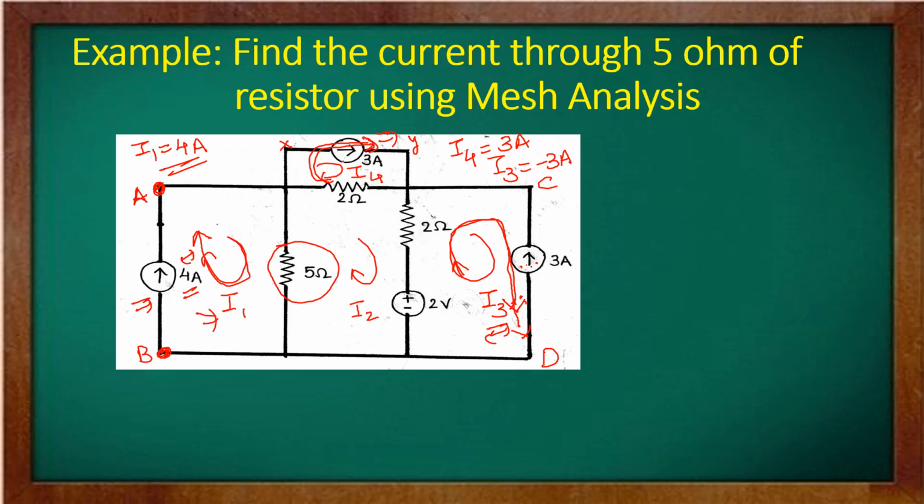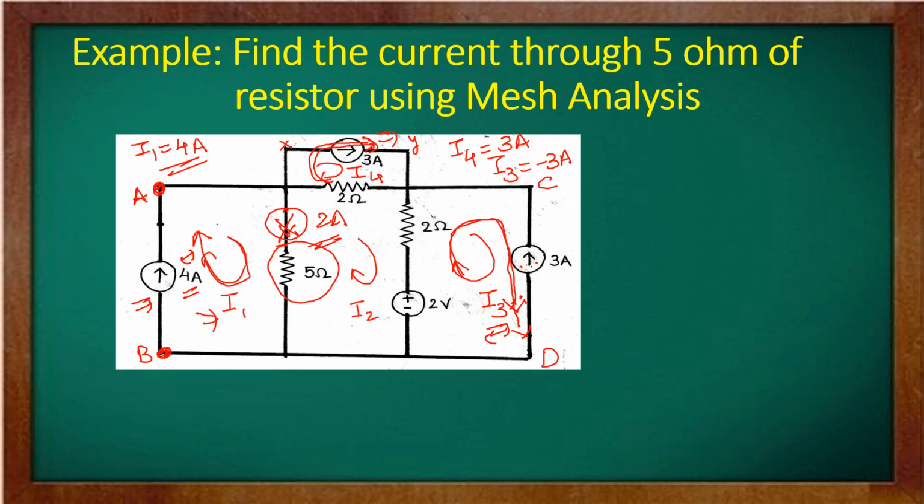Similarly, the other 3 ampere is part of the I4 loop. So directly we get the value of current. But if we had a current source, for example 2 ampere, shared between loops, then we cannot directly say that I1 is 2 ampere or I2 is 2 ampere. How to solve that example, we will learn in my next video. Right now, don't consider this.